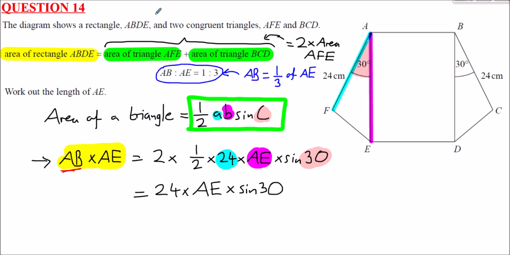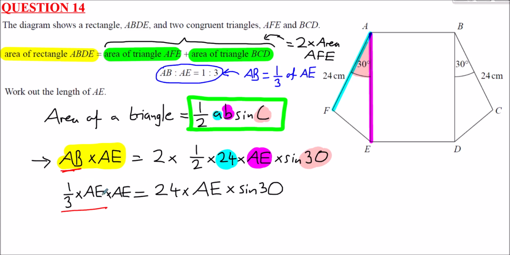So I can use this to write AB in terms of AE. Because AB is 1/3 of AE, I can say that AB is 1/3 of AE, because of operates like a multiply, and obviously times by AE, like so.